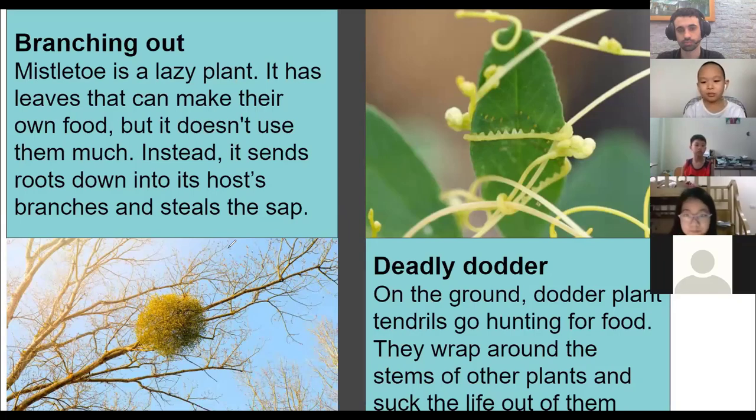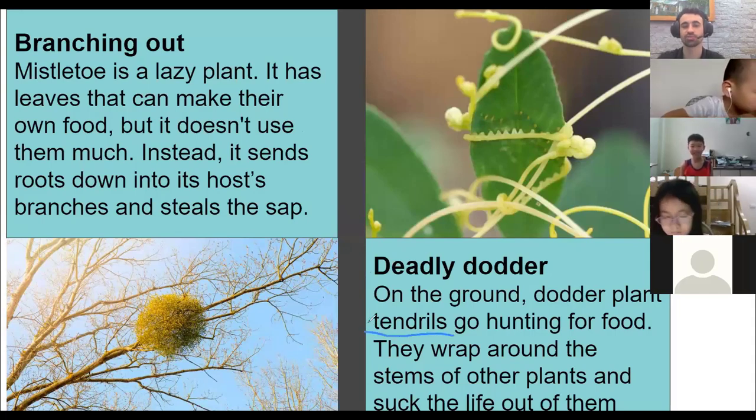They grab around the stem of other plants and suck the life out of them. Yeah, thank you. Okay, so we have a hard word in here. What does this word mean?